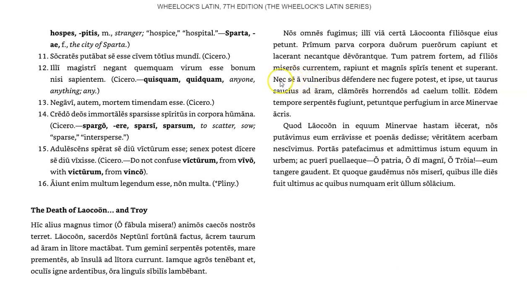And again, literally, neither himself from wounds defend nor flee, he is able. So as often in Latin, you can change the word order, but the important thing is to get the words in the correct tense and the meaning. So he's not able to flee nor defend himself from the wounds.